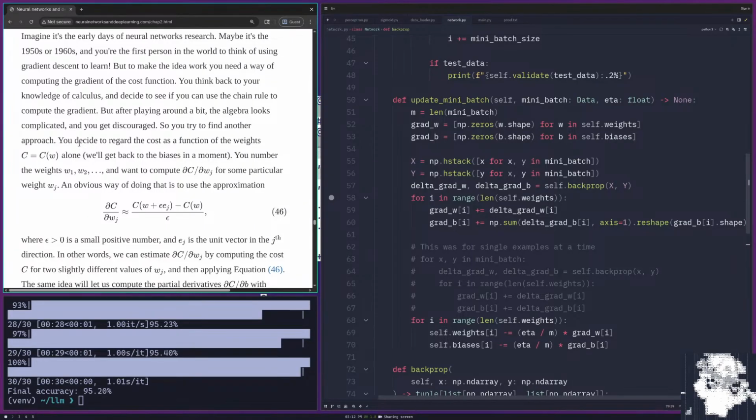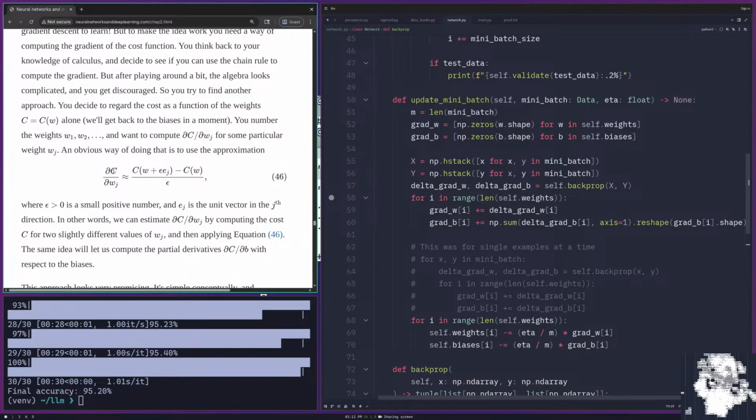You decide to regard the cost as a function of the weights, C equals C of W, alone. We'll get back to the biases in a moment. You number the weights W1, W2, etc., and want to compute the derivative of C with respect to Wj for some particular weight Wj. An obvious way of doing that is to use the approximation: derivative of C with respect to Wj is approximately equal to C of W plus epsilon Ej minus C of W, over epsilon, where epsilon greater than 0 is a small positive number and Ej is the unit vector in the jth direction.